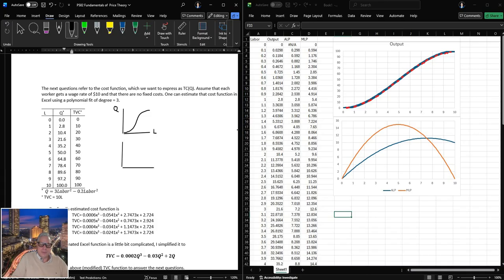And we derived from here the average labor product, and the average labor product was somewhere here at this point of tangency.